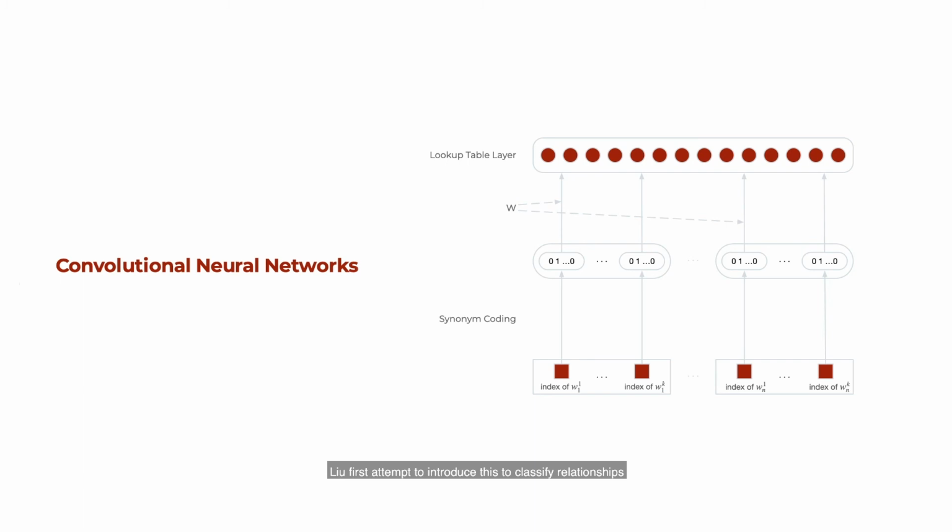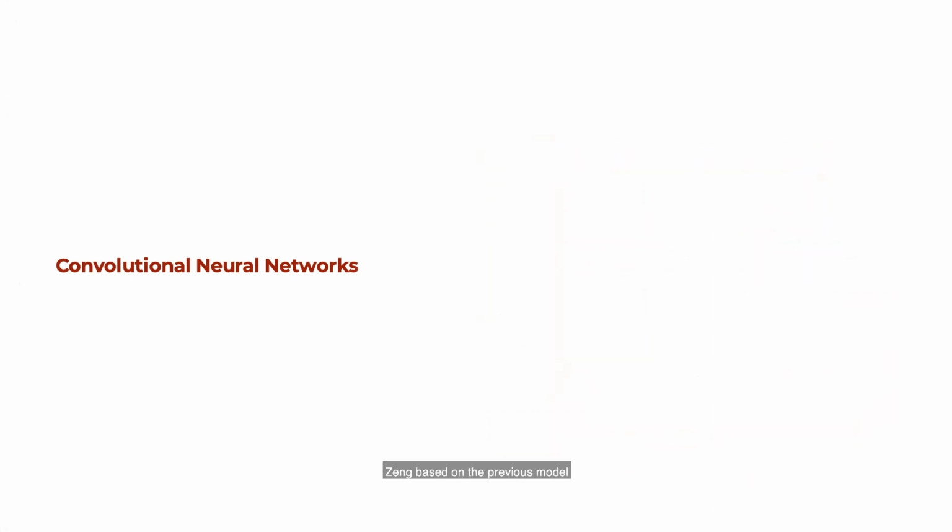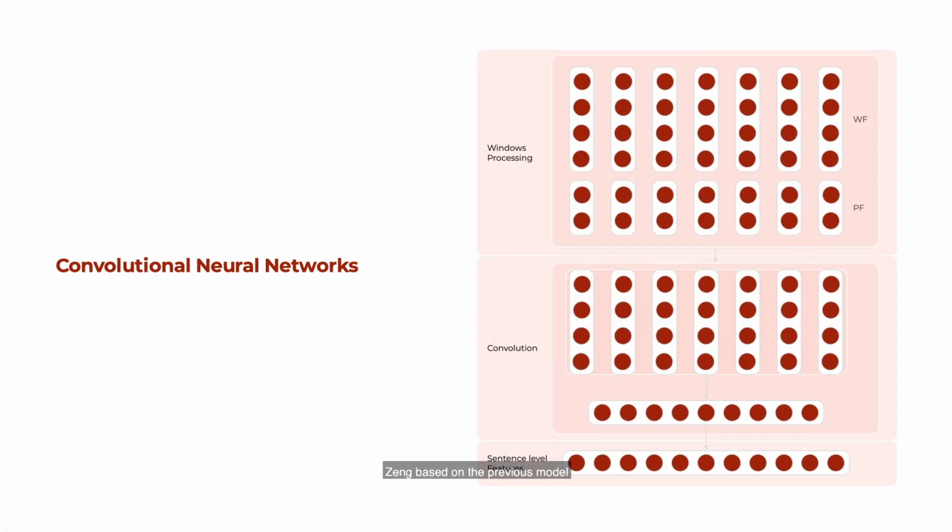Liu first attempted to introduce these to classify relationships. It has significantly improved performance compared to non-neural network methods. Then, based on the previous model, the max pooling operation is used after convolution, so that the most useful features of each convolutional kernel can be extracted.